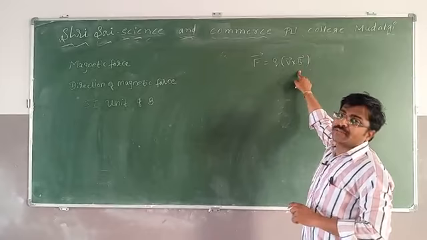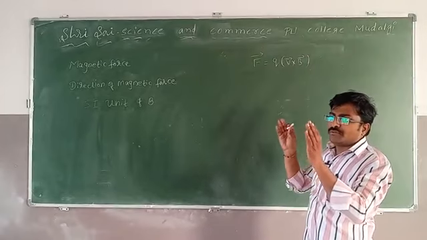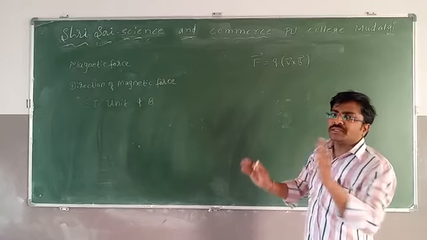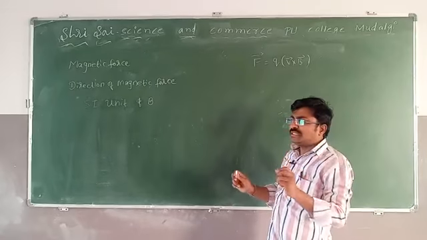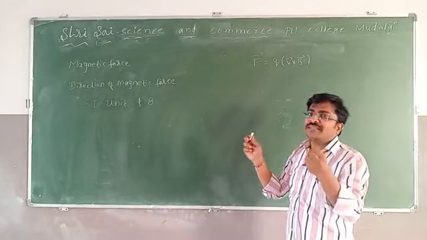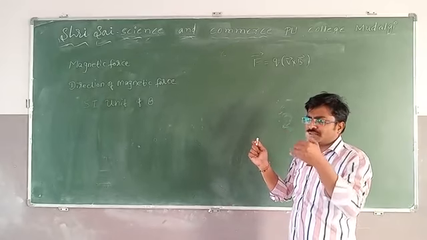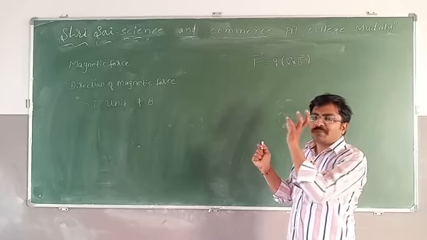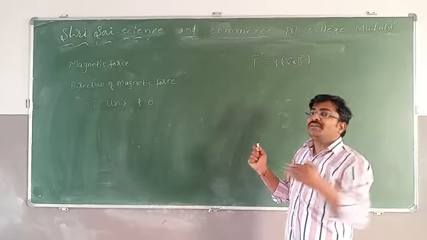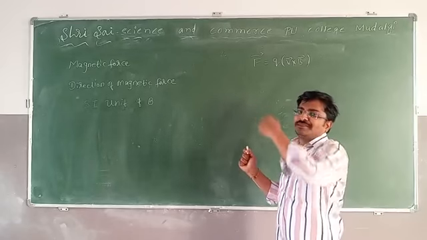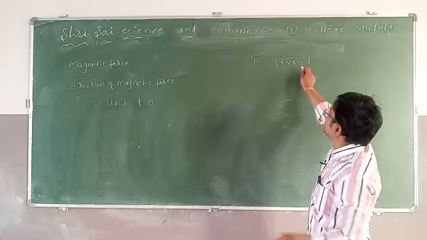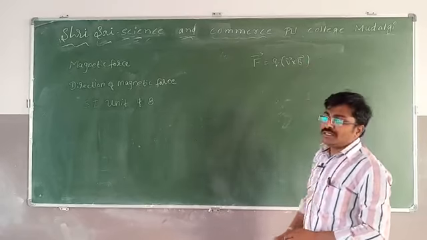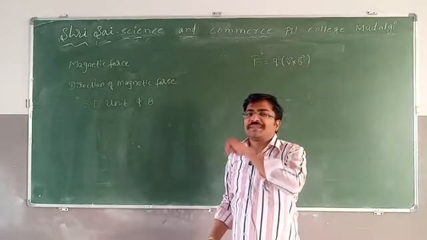B is the magnetic field strength, meaning the strength of the magnetic field in which the moving charged particle is entering, whether it is a strong magnetic field or a weak magnetic field. Q is the charge of the moving charged particle.